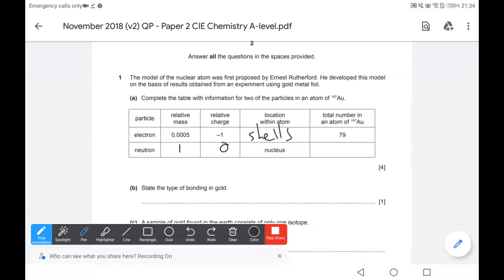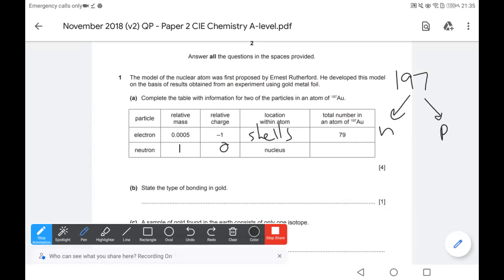Total number in atoms. So you know, it's not an ion, it's an atom. Which atom? The number of electrons and number of protons are the same. And here 197 is the mass number. Mass number is generated by neutrons and protons.